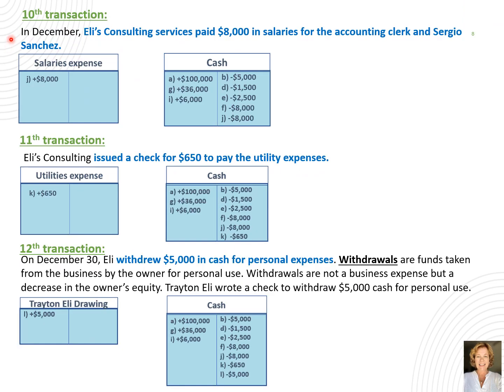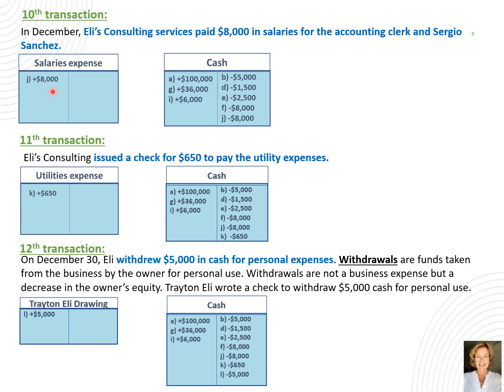In our 10th transaction, Eli's Consulting is paying $8,000 for salaries. Salaries expense is part of owner's equity, and salaries expenses decrease owner's equity. Therefore, we need to debit salaries expenses. So just keep in mind all expenses increase with debits.